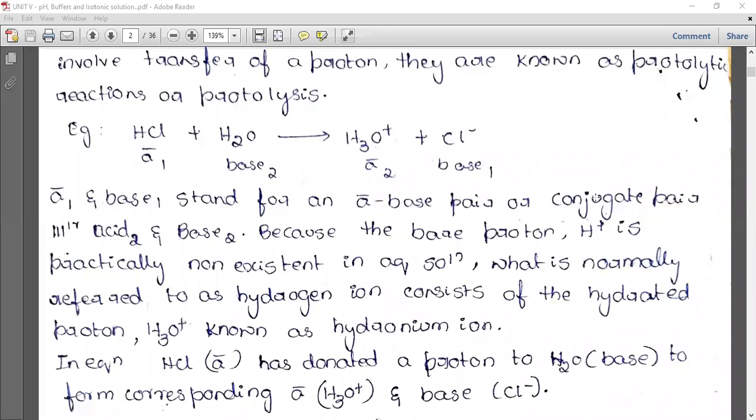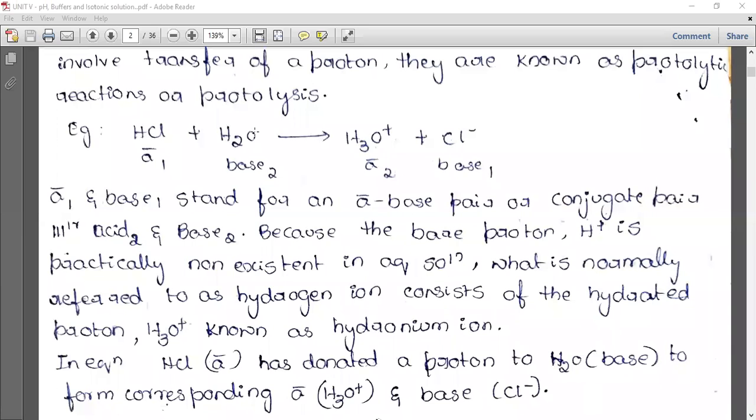Whenever there is a reaction between an acid and base which results in one more set of an acid and base, we call it a conjugate pair. Among these, HCl and Cl minus is one conjugate acid base pair, and H2O and H3O plus is another conjugate acid base pair. Is there any doubt?